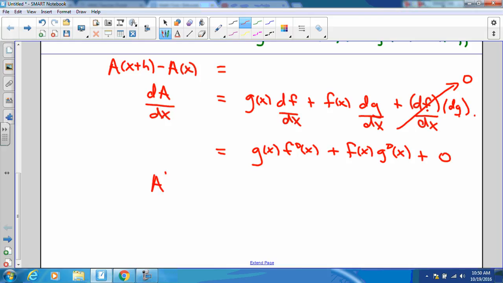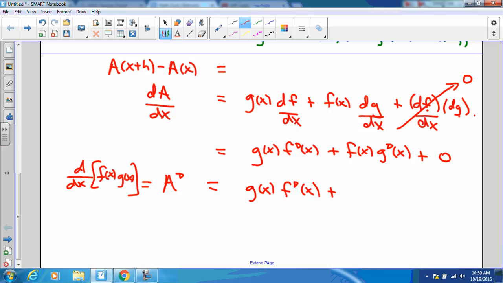So what Leibniz ends up with is a derivative rule, which is the derivative for the area, or the rate of change of fg, which is equal to g of x times f prime of x plus f of x times g prime of x.